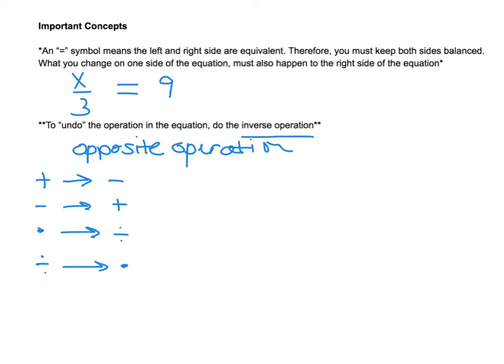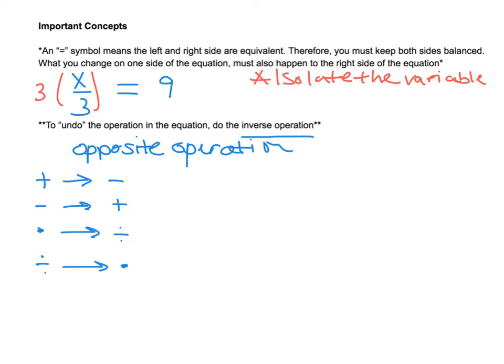So what we're going to do is try to isolate the variable. Okay, we're going to be sure to write that down. This is called isolate the variable. In other words, we want to try to get the variable by itself on one side of the equation. So in this case, to do the opposite operation, we would have to multiply by 3.